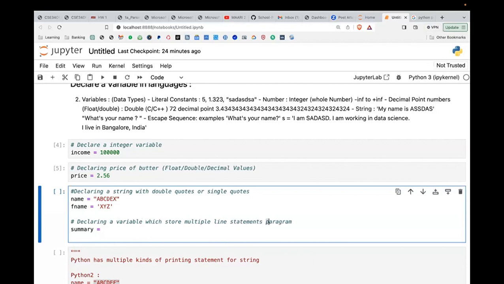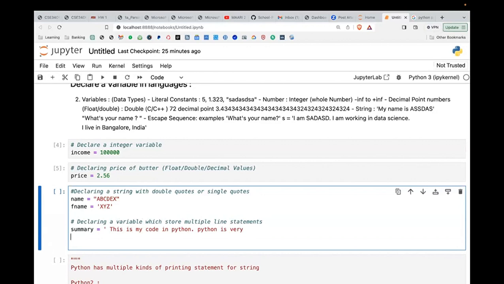How will you store a multi-line statement like this? I told you single line, but we can go for multi-line. Like this is my first code, coded in Python. Python is very okay. After this, if I wanted to go to the next line, I can do it, but Python will generate an error. I will just show you.